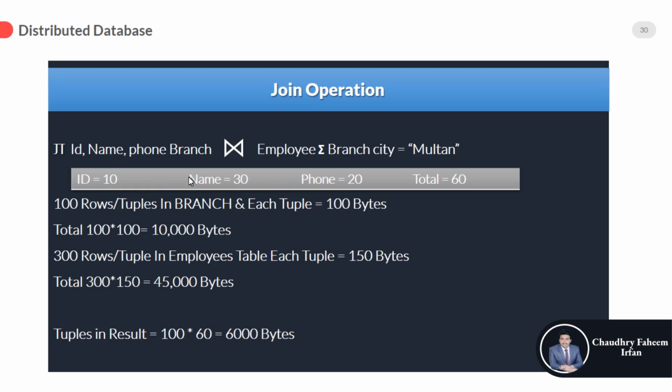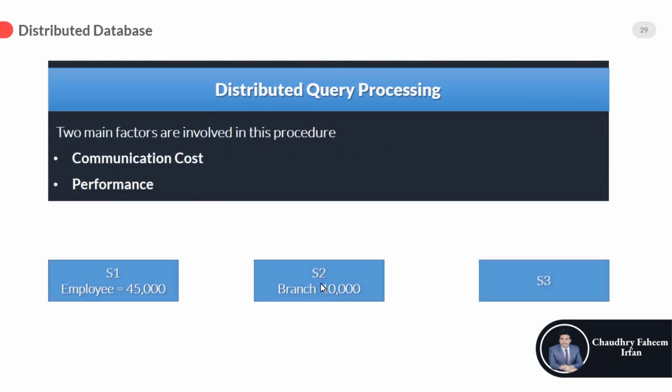But remember, this gray table is our output table, not the branch table or the employees table. I am talking about the branch table, which is here, and it contains 100 rows with each tuple of 100 bytes, so the total size of the branch table is 10,000 bytes, as I told you earlier.